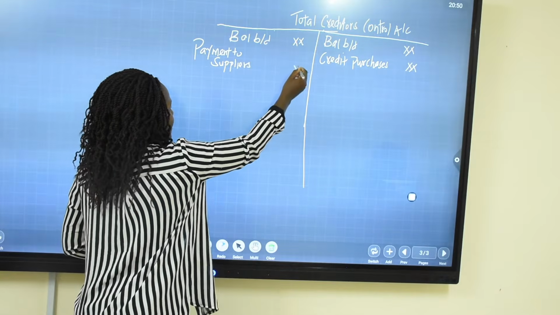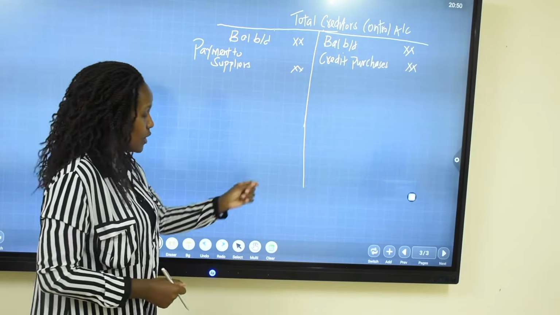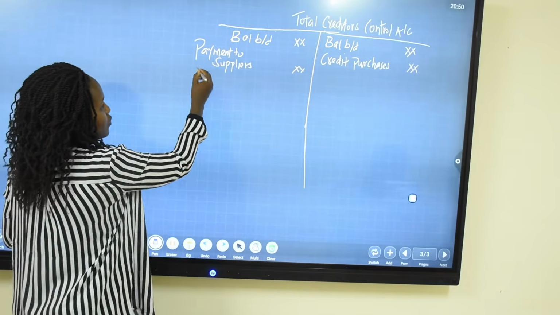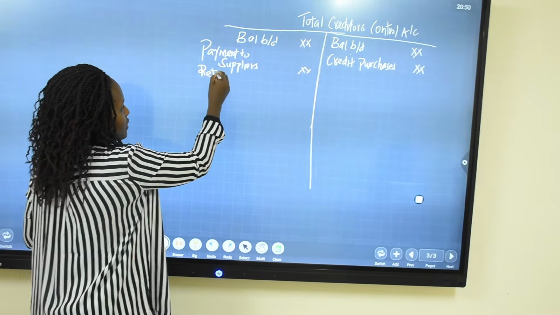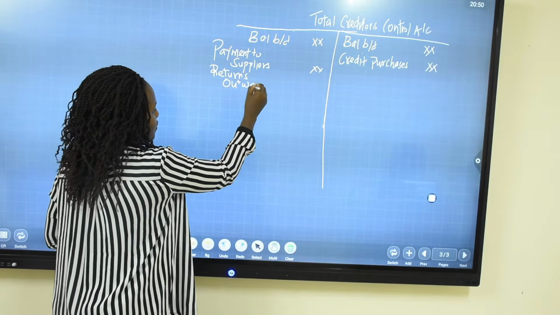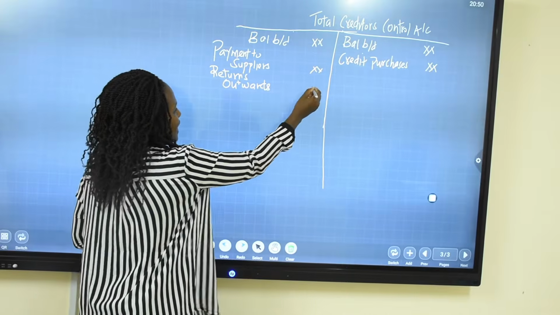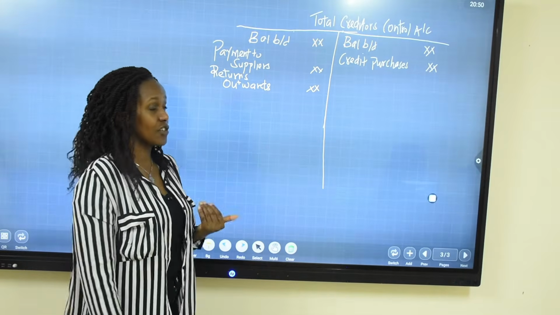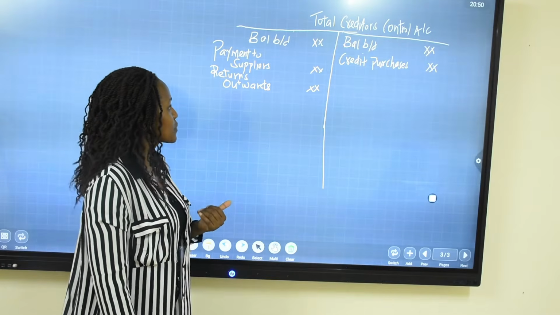Once we pay the suppliers, the obligation or the amount owing reduces. Once we return some of the goods, you can have returns outwards. Once we return some of the goods that we had bought on credit, the obligation decreases.